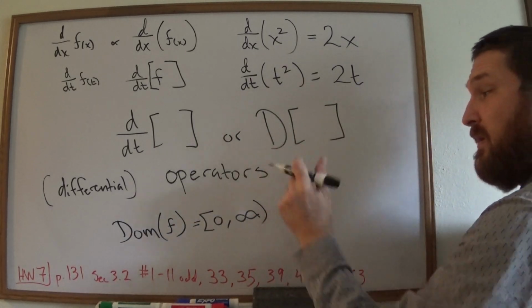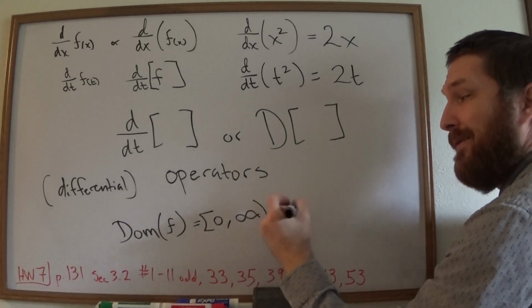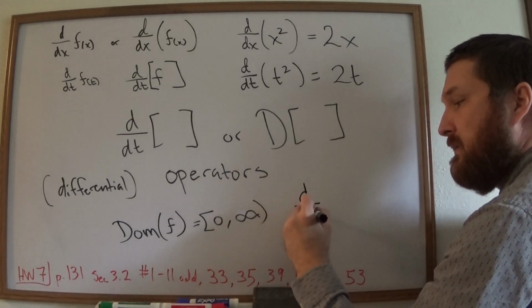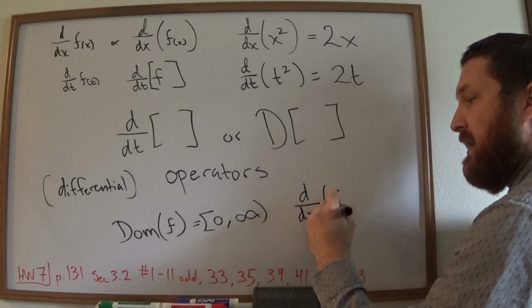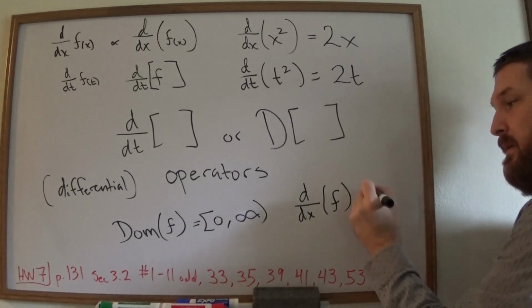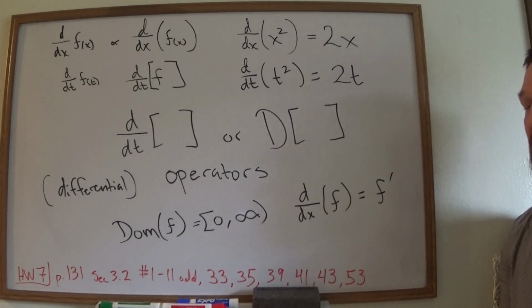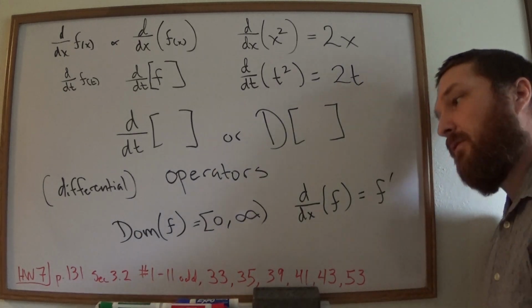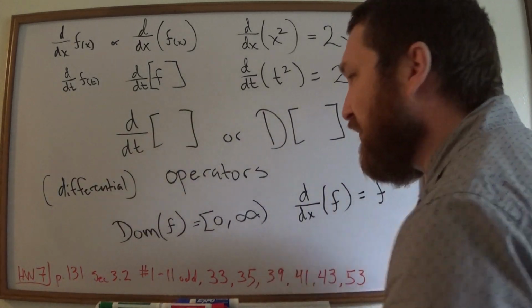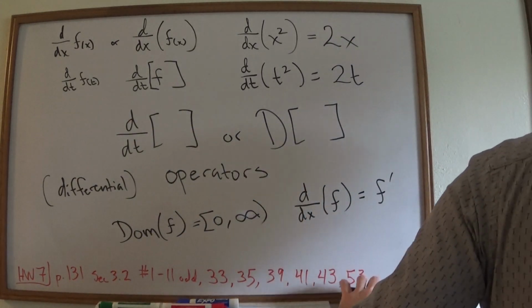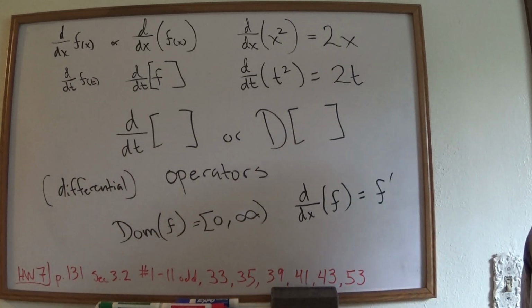But the derivative operator is, right? dx takes a function as an input and it gives you back a new function as an output. That thing is called an operator. Just a bit more general than that. There's some stuff I'm leaving out, but if you think about it that way, you are good to go. Okay? Everybody with me?